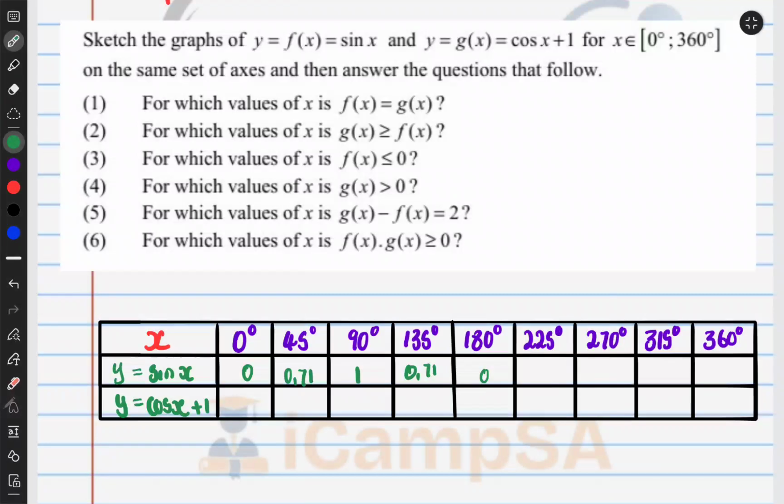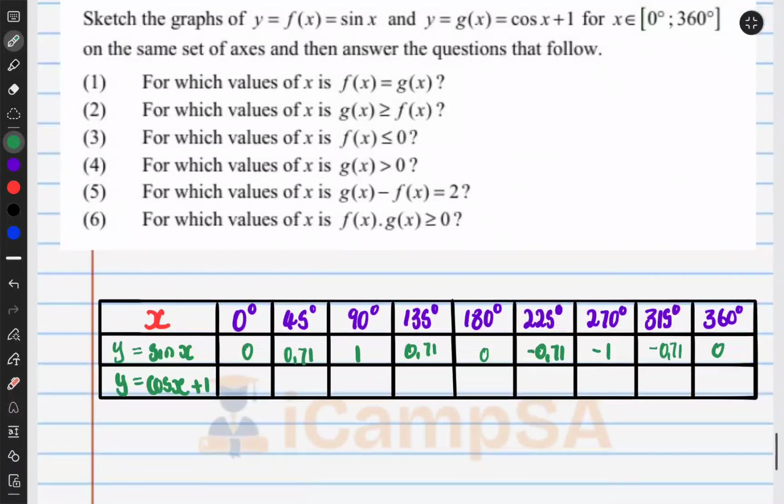Sine 225 is negative 0.71. Sine 270 is negative 1. Sine 315 is negative 0.71. Sine 360 is 0. Okay, and then let's go to cosine.